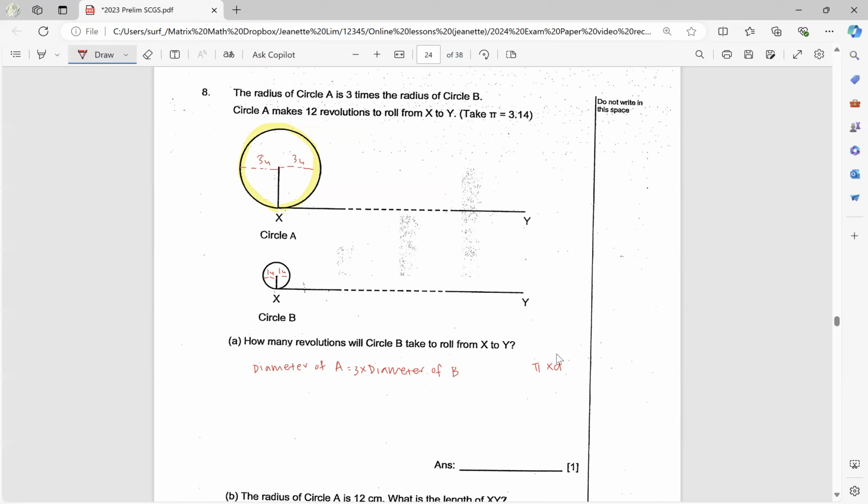So the circumference of A is also 3 times the circumference of B. Which means that every one round that A makes, B will have to make 3 times to make up for it.